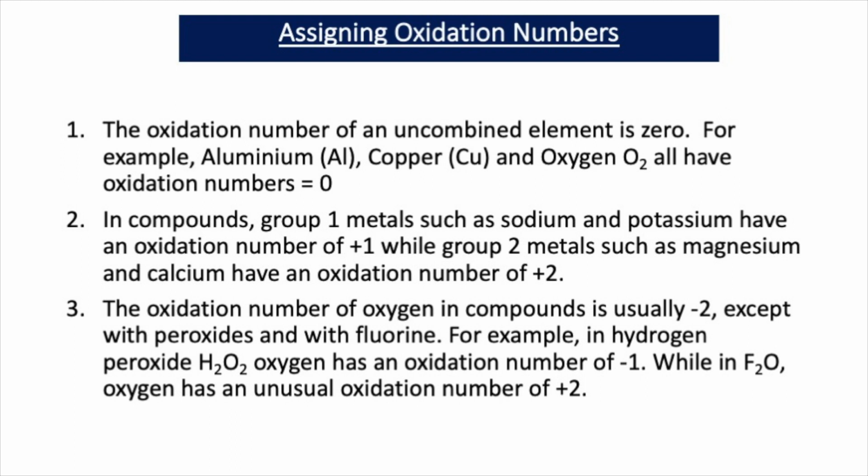So for example, in hydrogen peroxide, H2O2, oxygen has an oxidation number of -1, while in F2O, oxygen has another unusual oxidation number of +2. Now these are exceptions to the rule because in the majority of cases oxygen has a -2 oxidation state when in a compound.